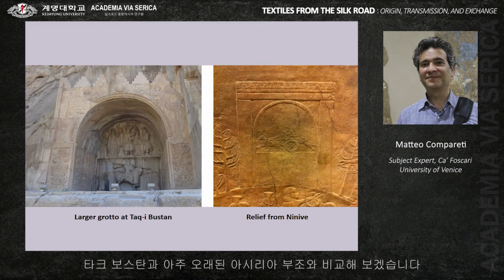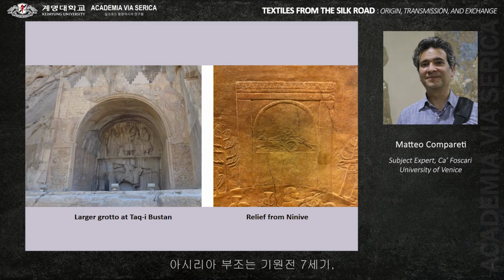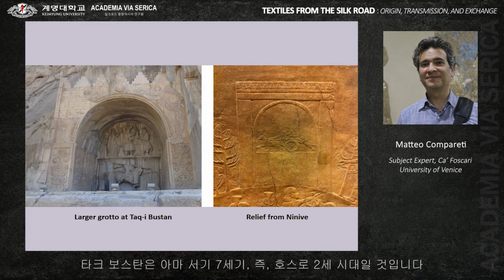Now, if we compare Takebustan with this very ancient Assyrian relief, the Assyrian relief is 7th century BCE. Takebustan is probably 7th century CE, the period of Khosrow II.